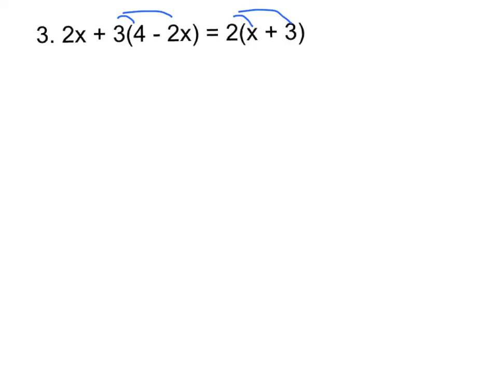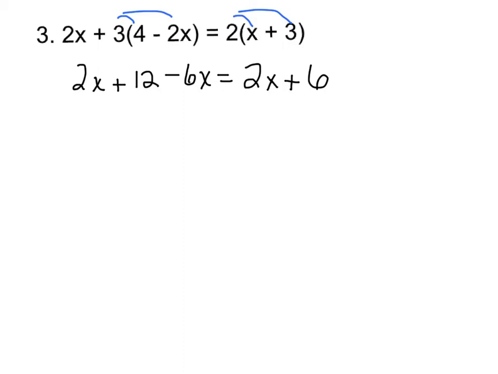So step 1, get rid of the parentheses by distributing. 2x plus, what's 3 times 4? 12. And 3 times negative 2x? Minus 6x. What would you get if you would distribute the 2? It would be 2x plus 6.